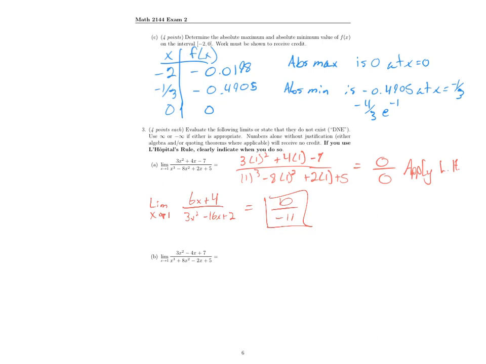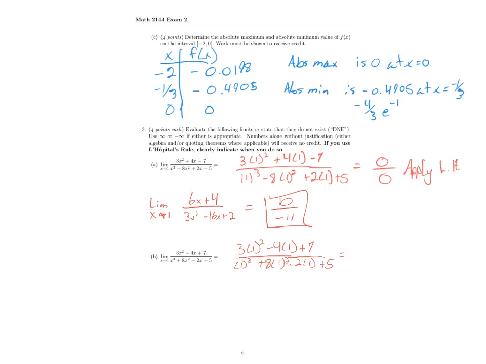So for part B, we're going to do the same thing. We're just going to plug in to begin with. So when we plug in, we're going to get 3 times 1 squared minus 4 times 1 plus 7 over 1 cubed plus 8 times 1 squared minus 2 times 1 plus 5.